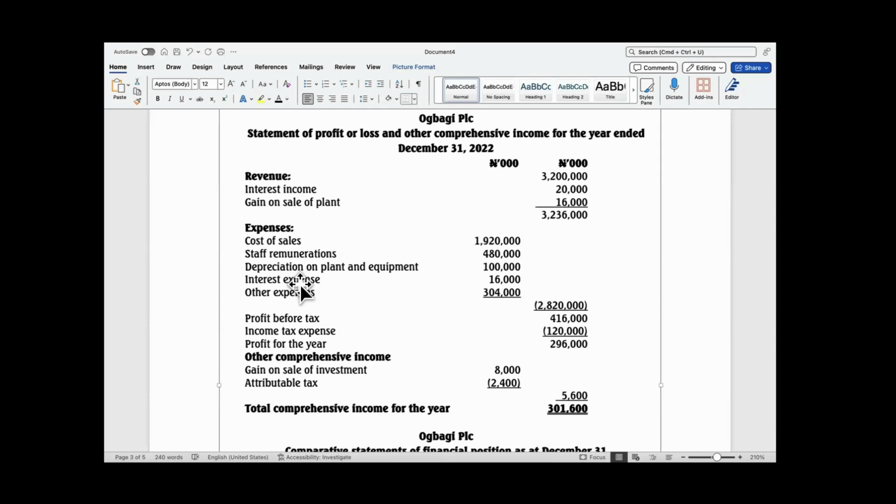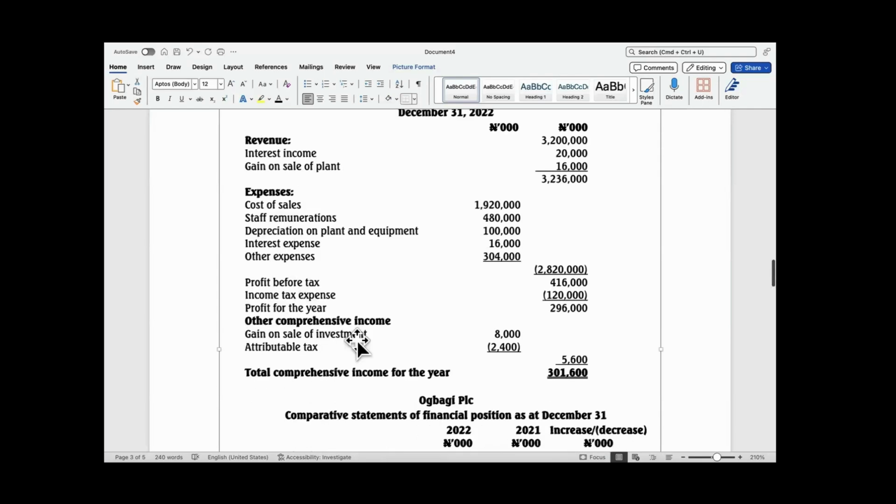So it could be that this is part of their key line of operation or major line of activities as an organization. Maybe they do regular investments, they sell investments, they buy investments, they do all of that. Which is also confirmed from the gain on sale of investments that we have. So it looks more like an operational activity in this scenario.